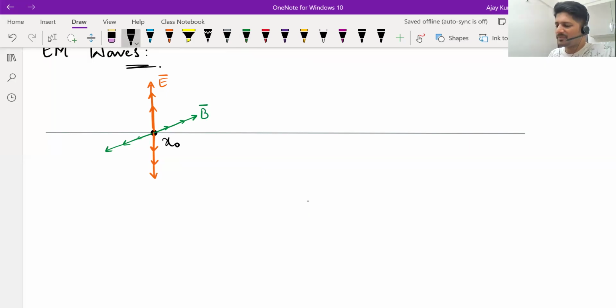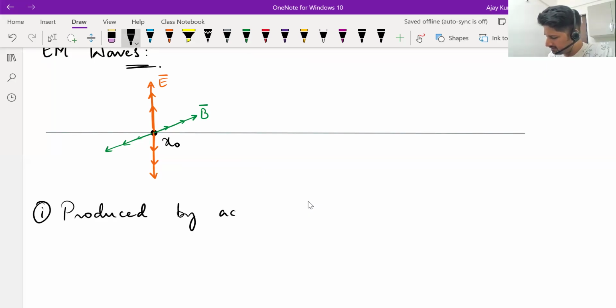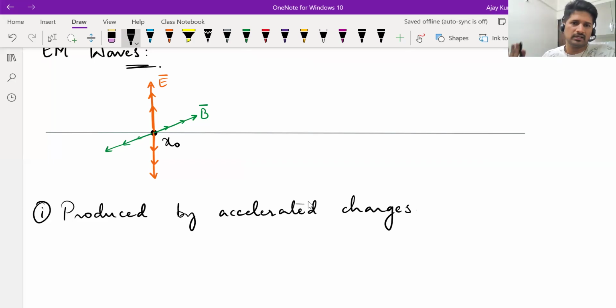Okay, electromagnetic waves are produced by accelerated charges. Okay, charges moving at constant velocity cannot produce them. Charges at rest also do not produce electromagnetic waves. But if there's an accelerated charge, then they give out electromagnetic waves.